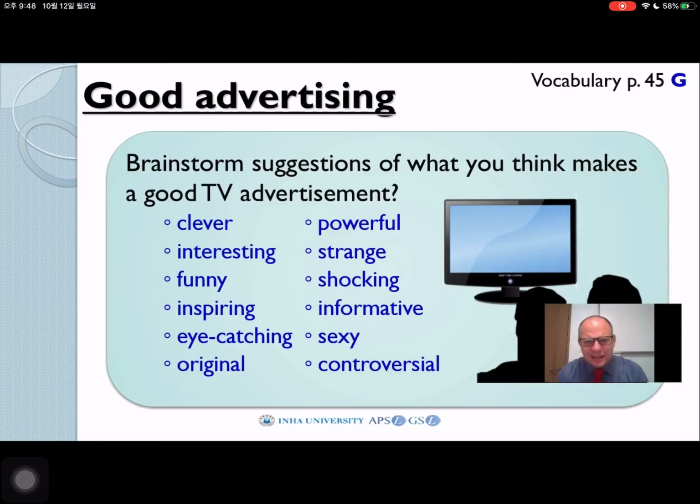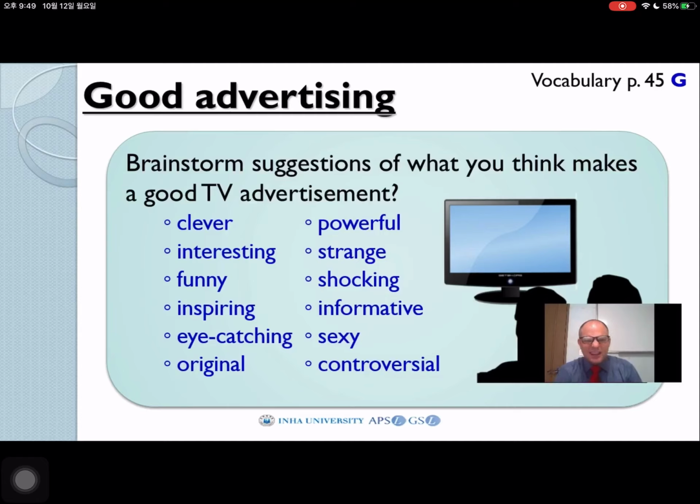Really eye-catching and kind of funny and original. And my daughter, every time she went in a CU mart, she said, "Oh, Dad, I want a Tropicana drink." Why did she want Tropicana? Well, she remembered it from the advertisement. So yeah, that might be one example I can think of as good.